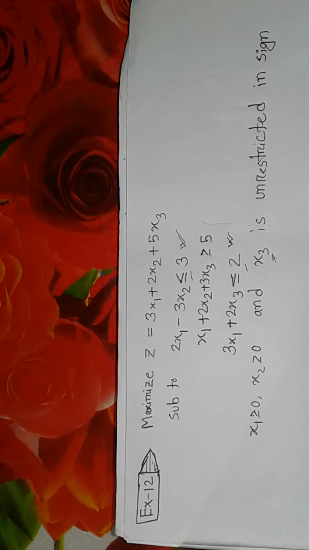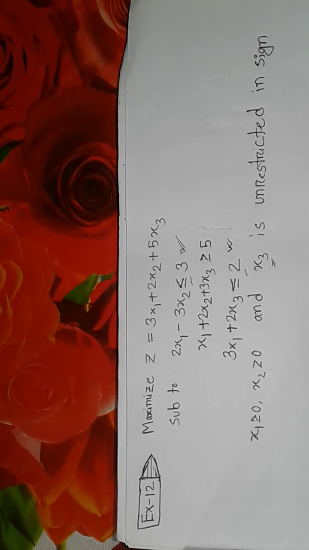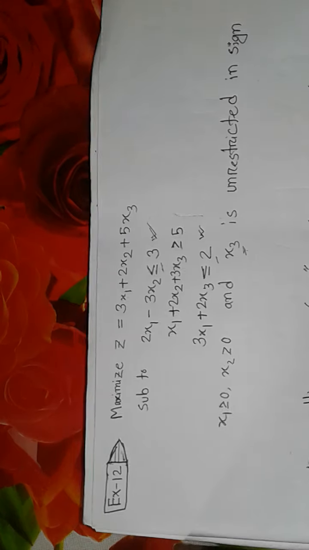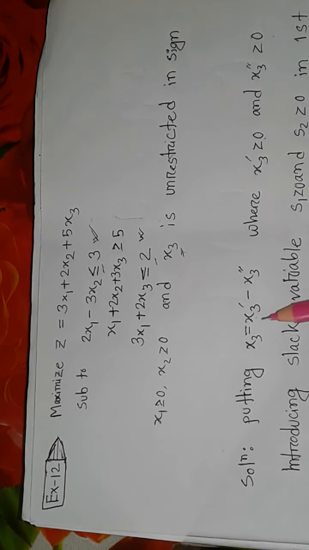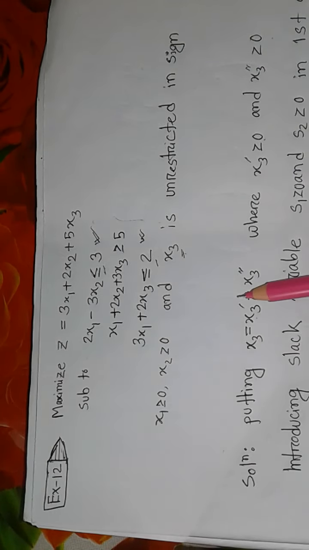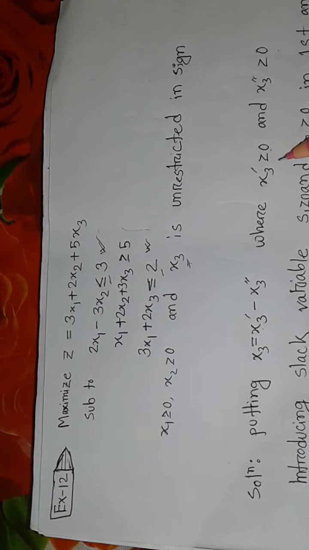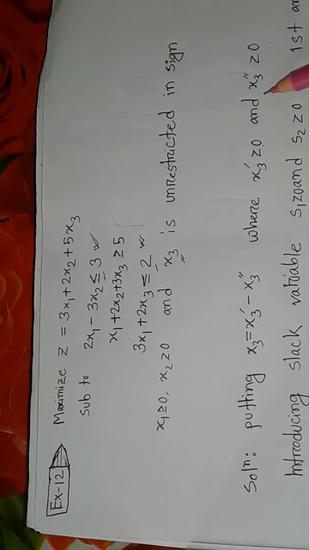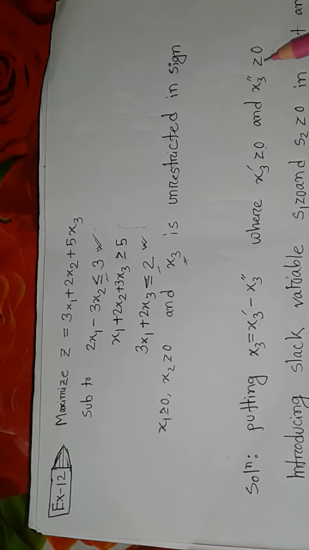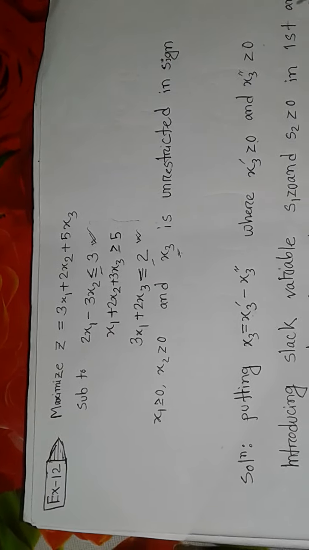So if any variable is unrestricted, we should change it in this form: x3 equals x3 prime minus x3 double prime, where x3 prime is greater than equal 0 and x3 double prime is also greater than equal 0.